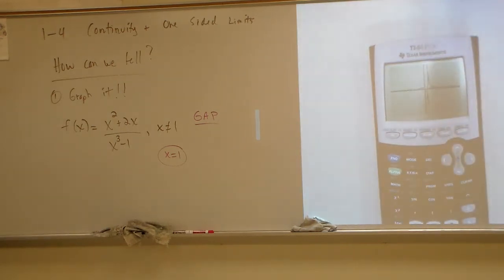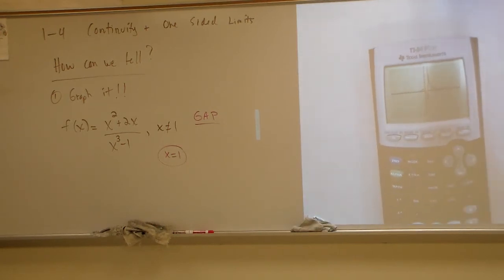What I want to do is see what's happening as we get close to 1. So I could use a table. I go to second window to do the table set, start the table at 1 with delta 0.01, and then I go to my table and look at what's happening as we get close to 1.